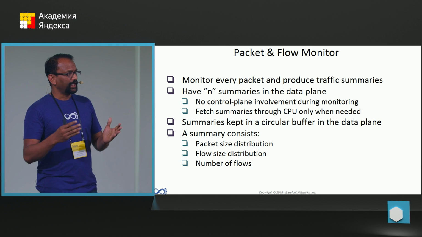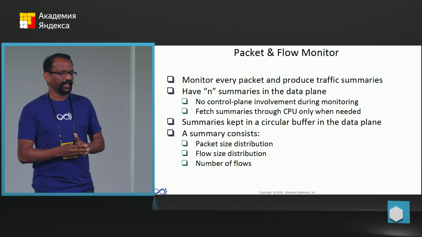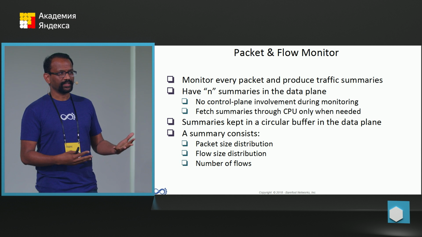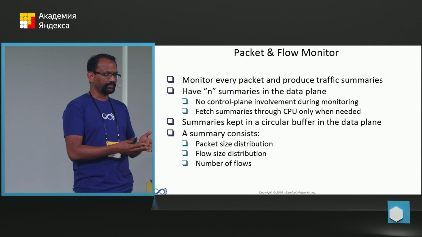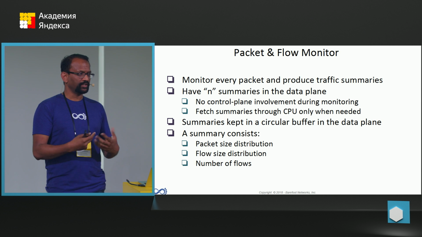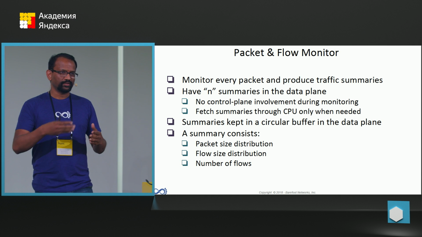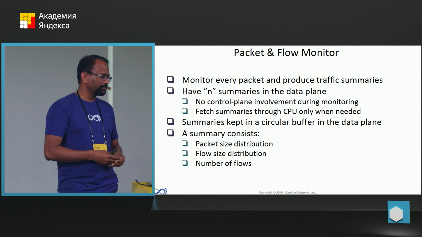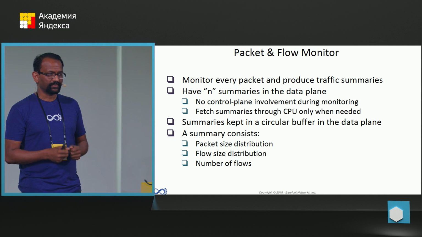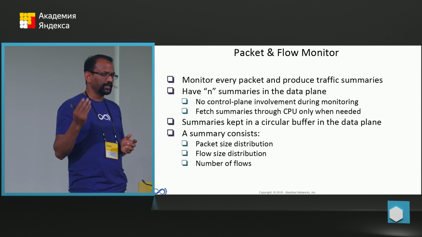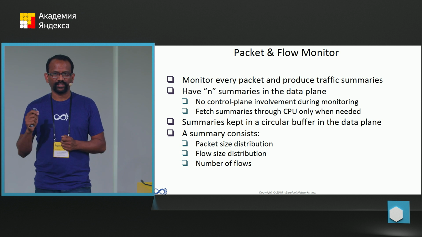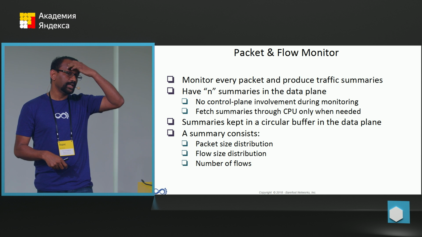So at any point of time, if you want to find out how many 64-byte packets are in the chip, you can pull this counter, and then you'll know this is how many 64-byte packets went through the chip. So we created a bunch of packet size buckets, and as packets are going through, we increment based on which packet size came in. That counter gets incremented.